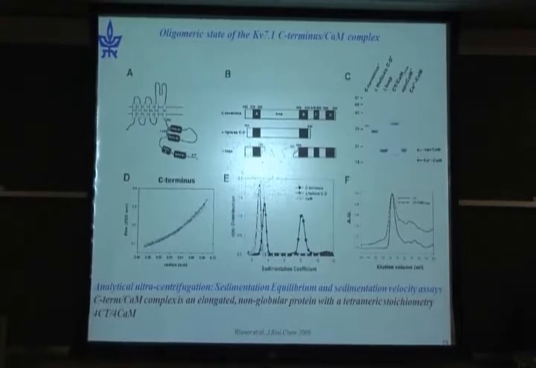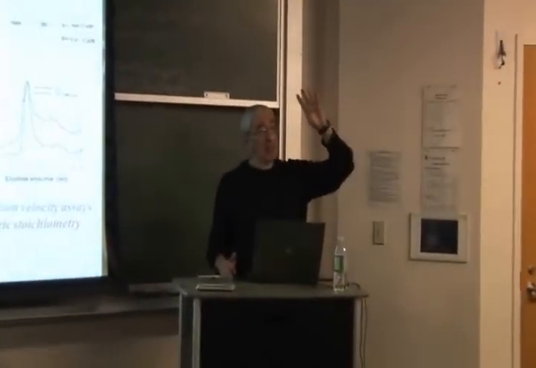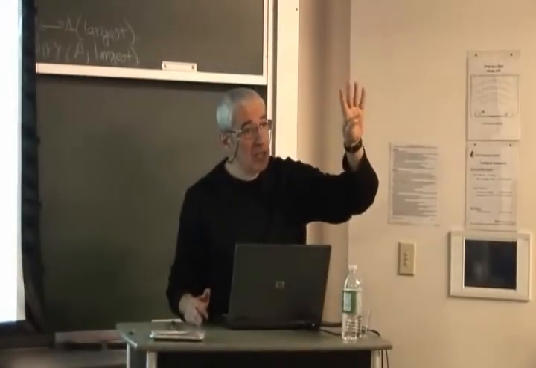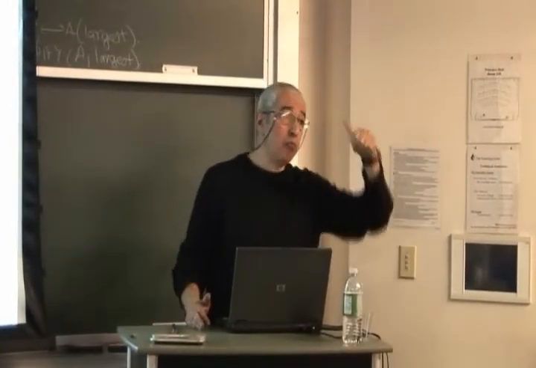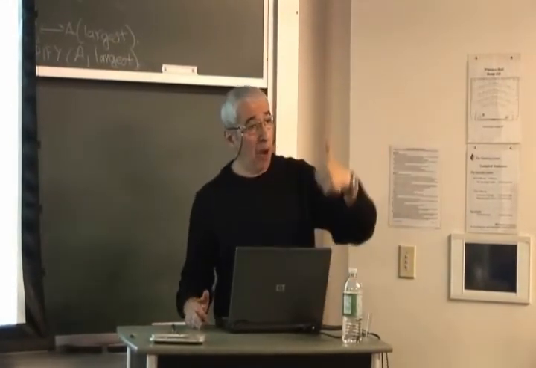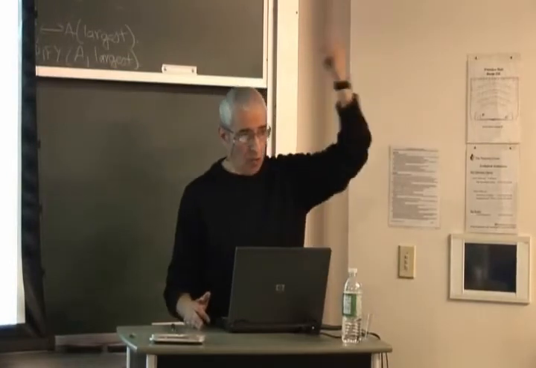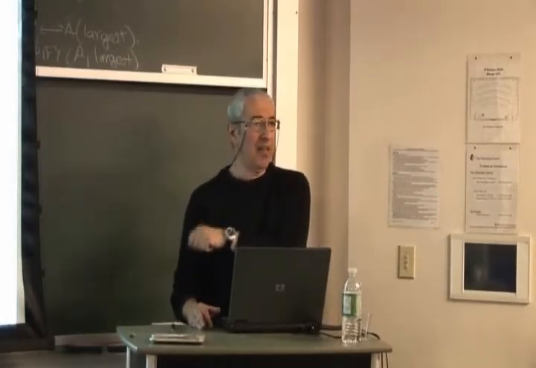So you have 4 C-termini of the 4 alpha subunits in complex with 4 calmodulins, a stoichiometry of 1 calmodulin bound to 1 C-terminus. I will come back to it later by showing you some crystallographic data of calmodulin bound to this proximal domain of the C-terminus.